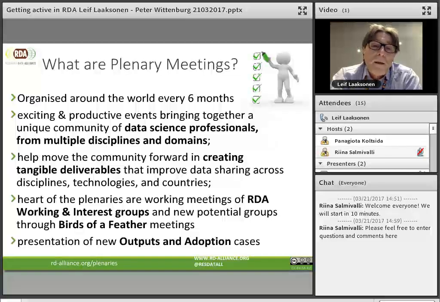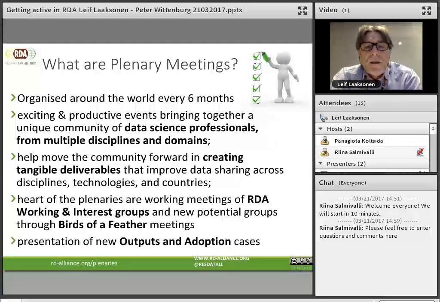But they are extremely important because people come together, they work together, they exchange their experiences, they summarize or write up their recommendations or outputs from the working and interest groups. And there are sessions where these are presented and where they are discussed.